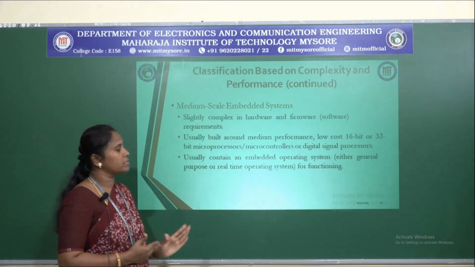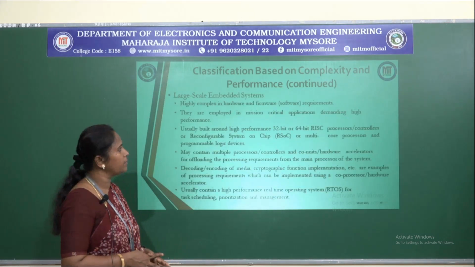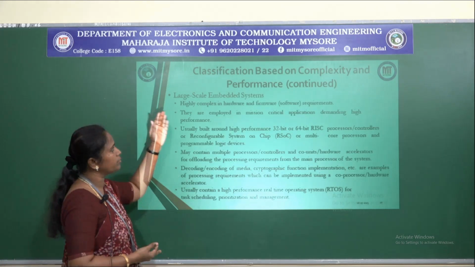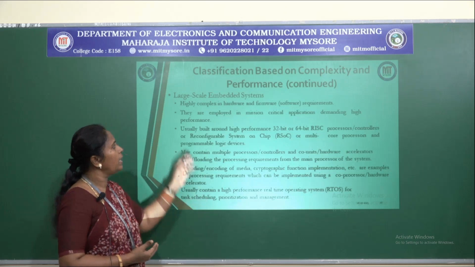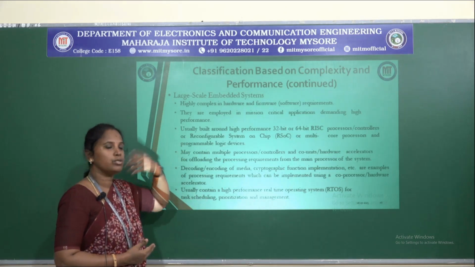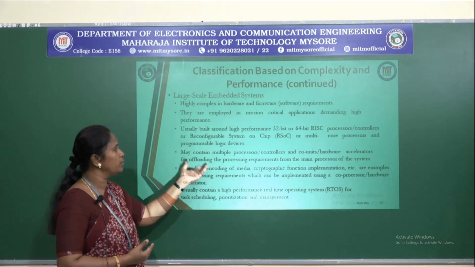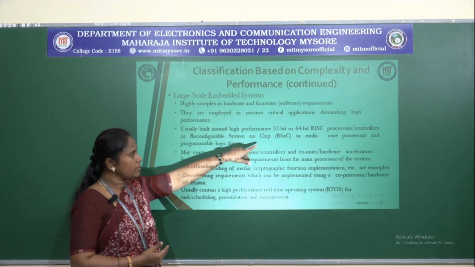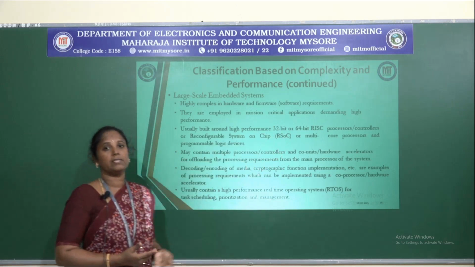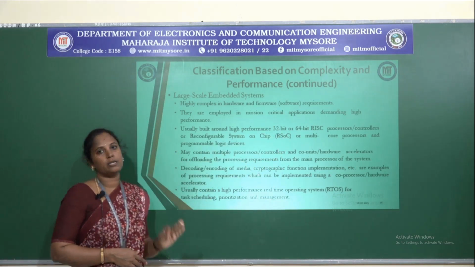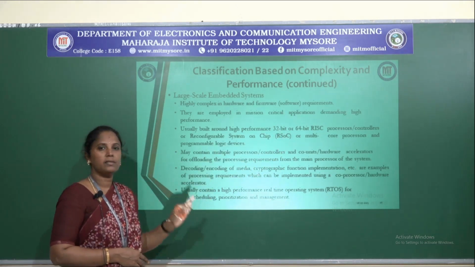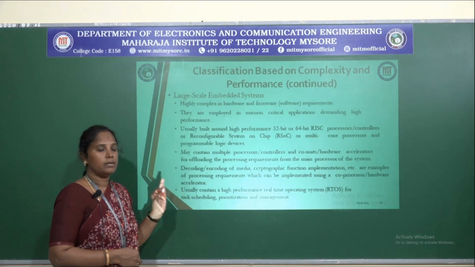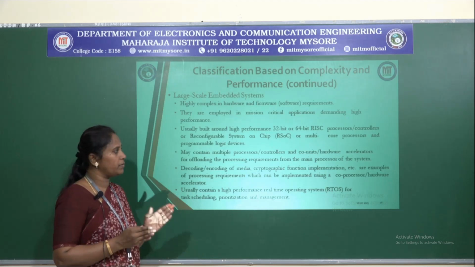Okay. So the third one is the large scale embedded system. In the case of large scale, the complexity involved in hardware and software increased, as well as the performance, compared to the other two. Why? Because it uses 32-bit as well as 16-bit RISC processors. RISC means reduced instruction set computing processors, where the size of the instruction set is reduced.